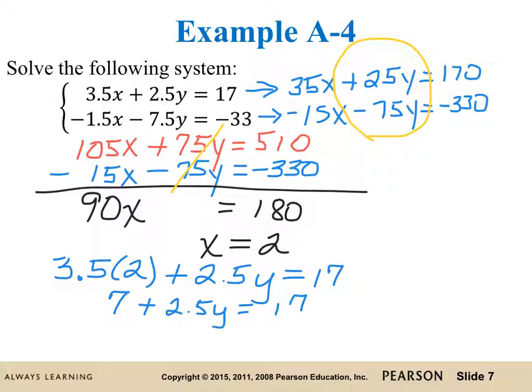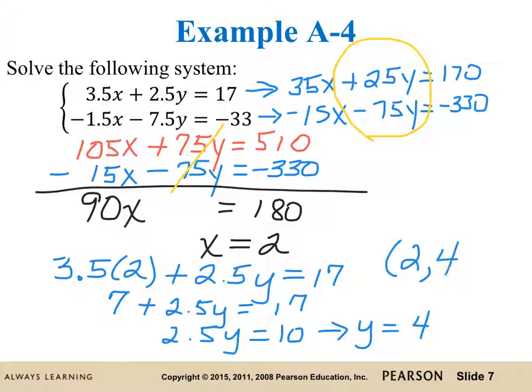And if I subtract 7 from both sides, I have 2.5y equals 10. And 10 divided by 2.5 tells me that y is equal to 4. So my solution to this system is (2, 4). And you can check that in your second equation, but that answer is the correct answer. In the interest of time, I'm going to leave the check up to you this time.